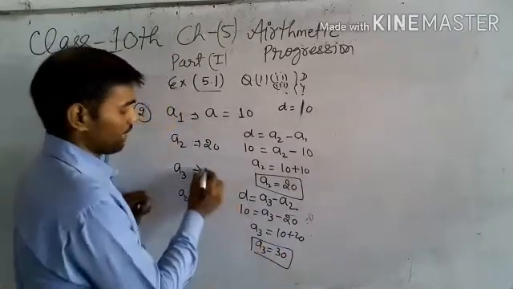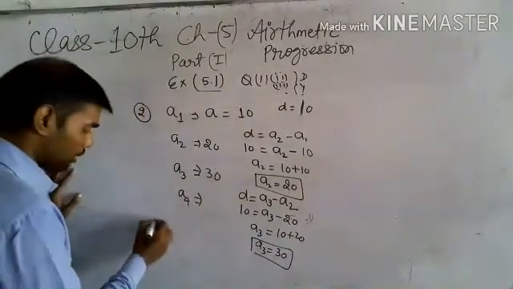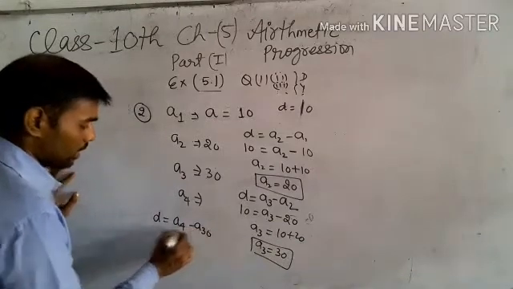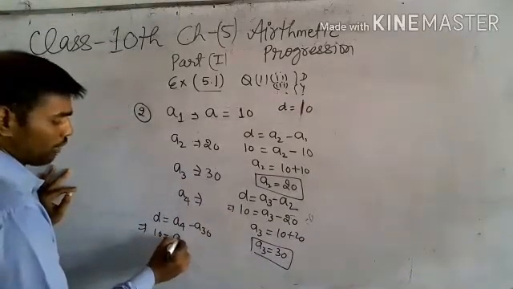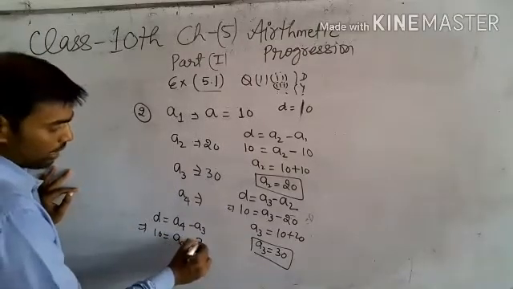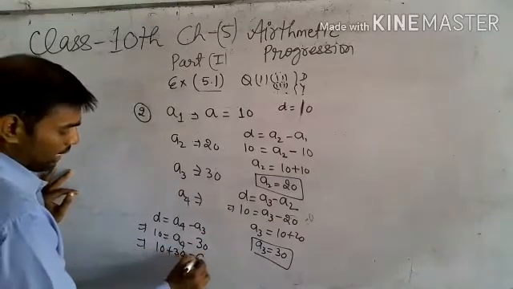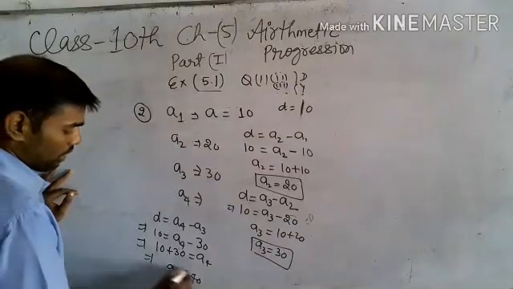Now for A4, D is equal to A4 minus A3. So the value of D is 10, A4 is unknown, A3 is equal to 30. So 10 plus 30 is equal to A4. It means A4 is equal to 40.